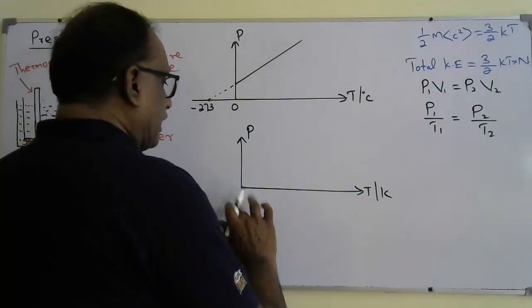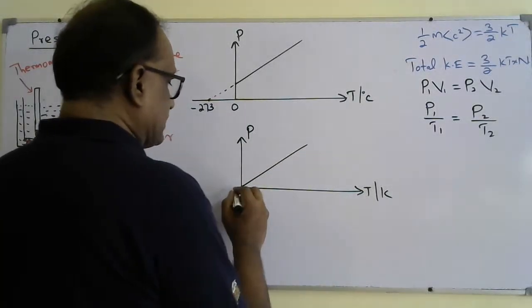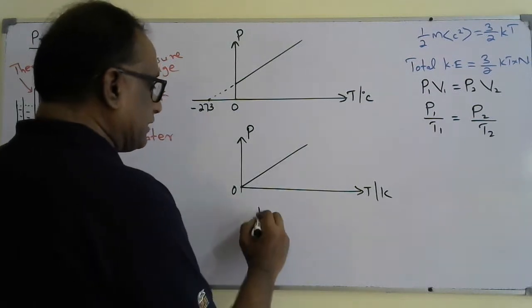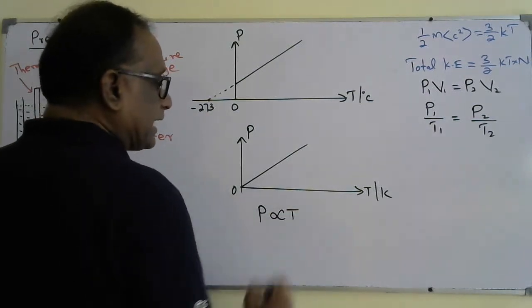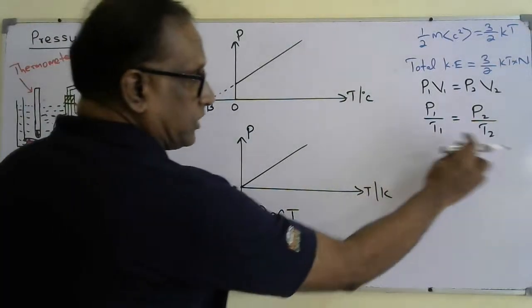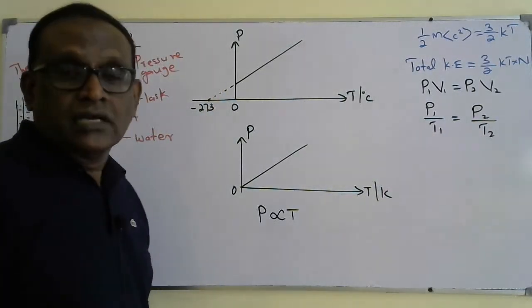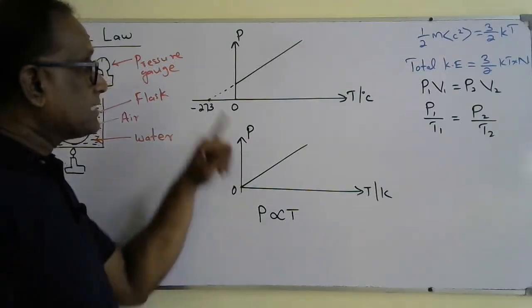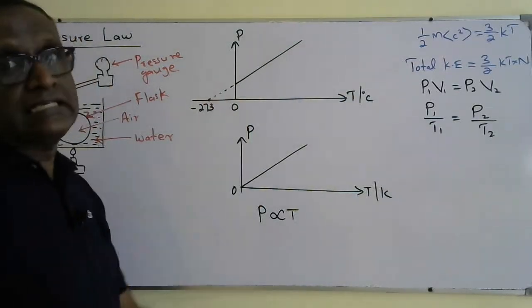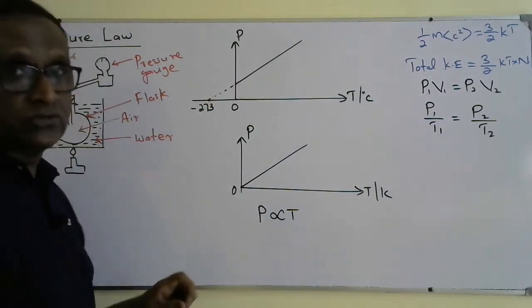Now if you plot a graph of pressure against temperature in Kelvin scale, it will be a straight line through the origin. If the graph is a straight line through the origin, it means pressure is directly proportional to temperature in Kelvin scale. So that's the reason we always say the temperature must be in Kelvin scale. If it is a Celsius scale, you can't use this equation because the graph is a straight line but not passing through the origin.